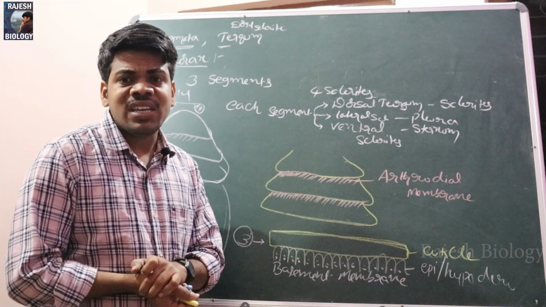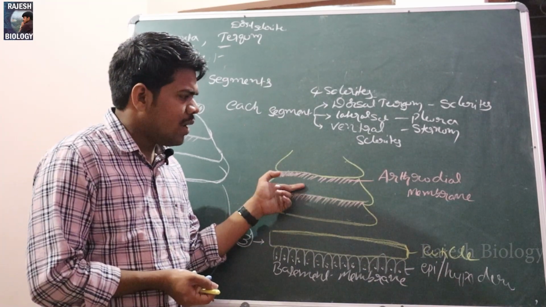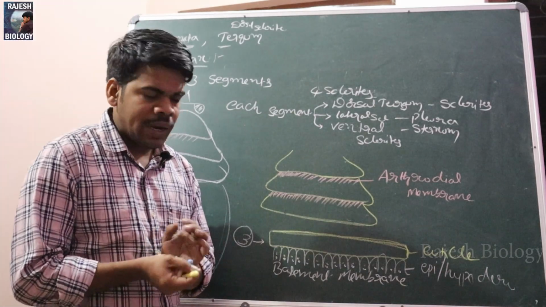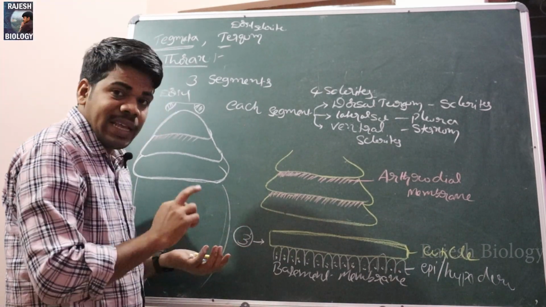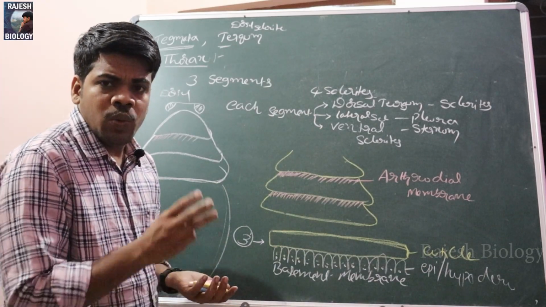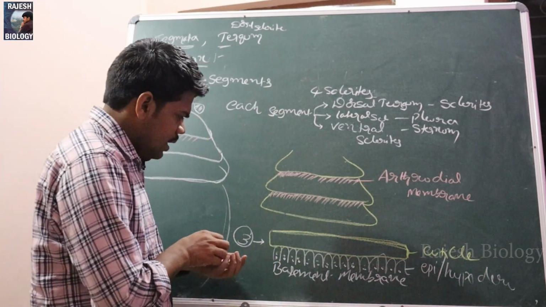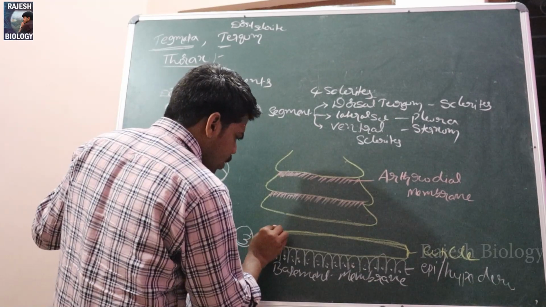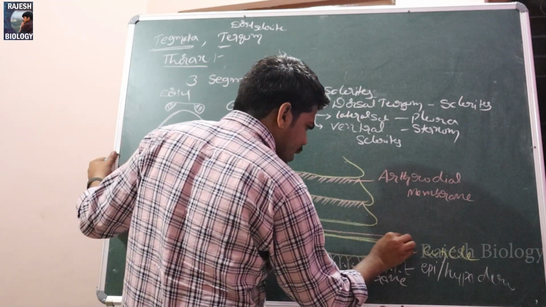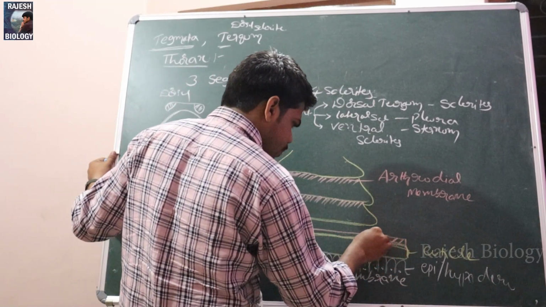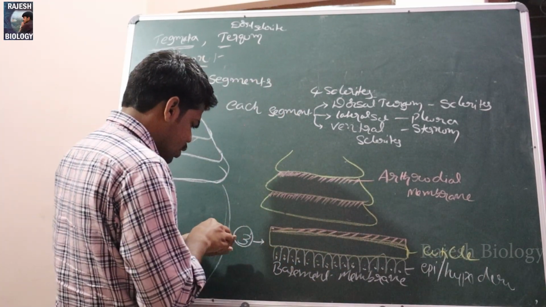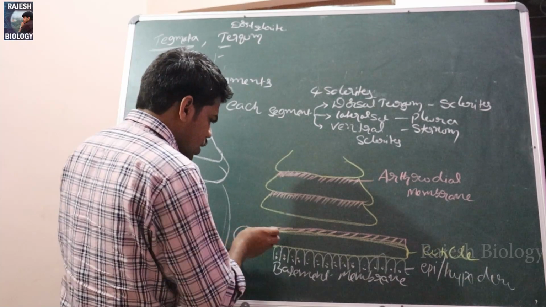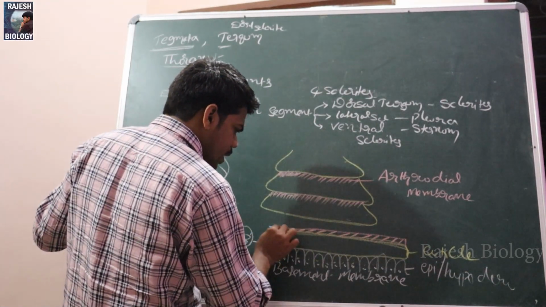Now, what is the major difference between this one tergite and the arthrodial membrane? The major difference is that this cuticle is again divided into three parts. That is the outermost exocuticle. I'll draw the exocuticle with green color, then you never get confused.